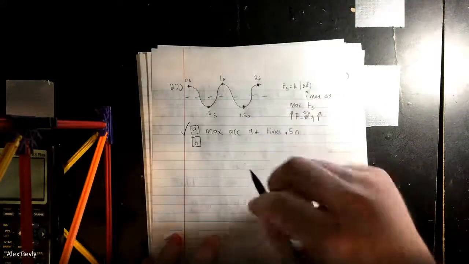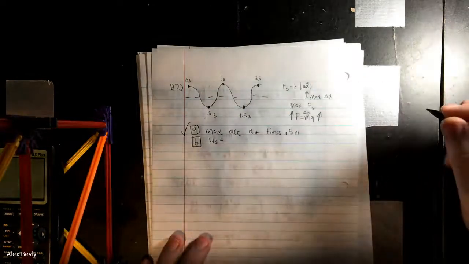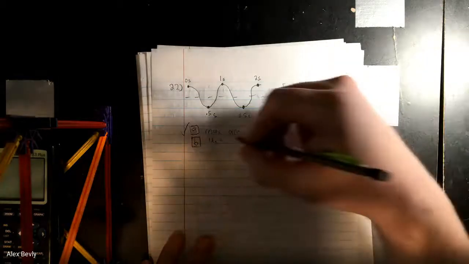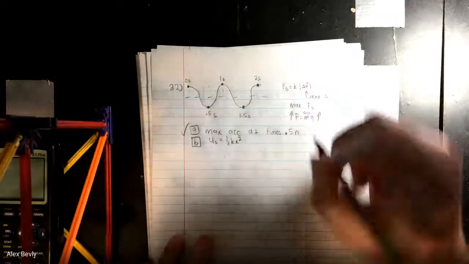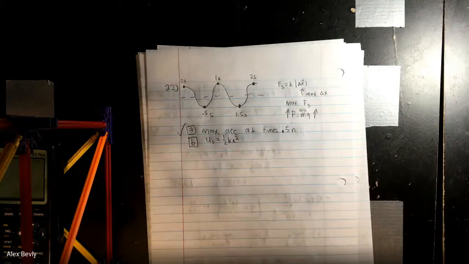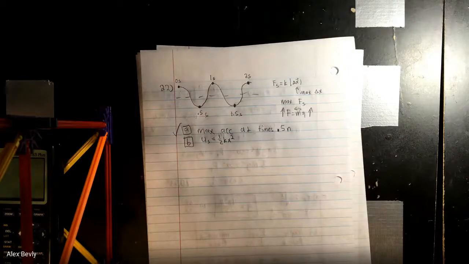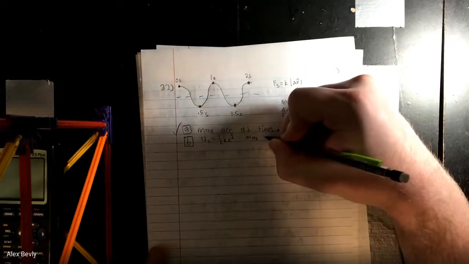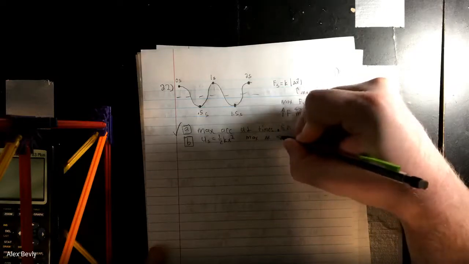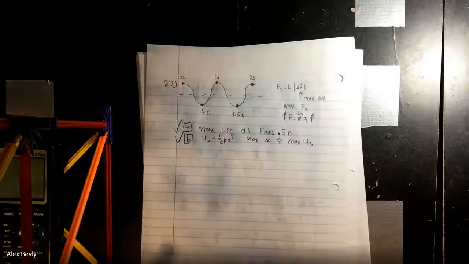What's the formula? One half times spring constant times the distance from equilibrium squared. All right, so at these points, what can I say about that distance? All right, so that's our maximum distance from equilibrium, which means we have our maximum spring potential energy. That looks good.